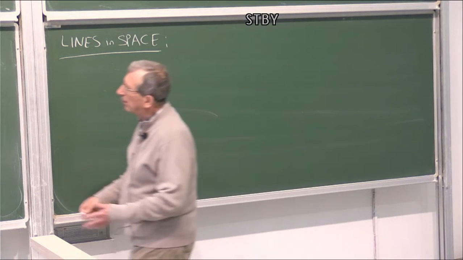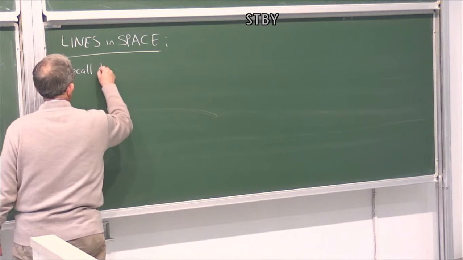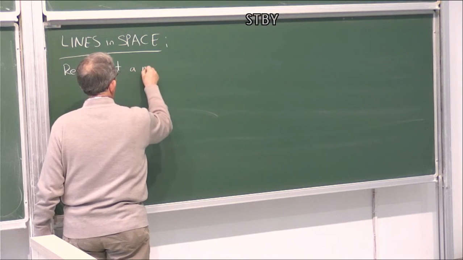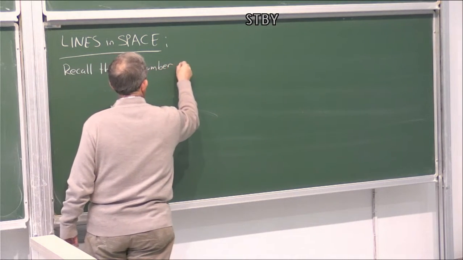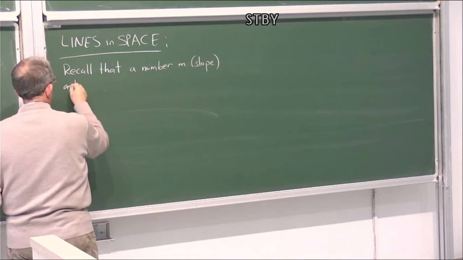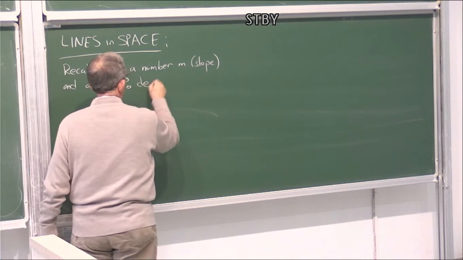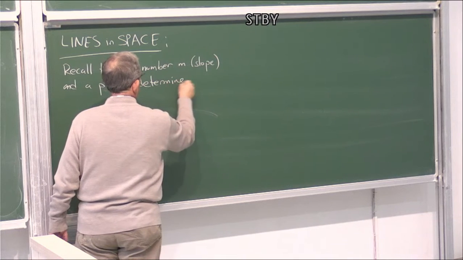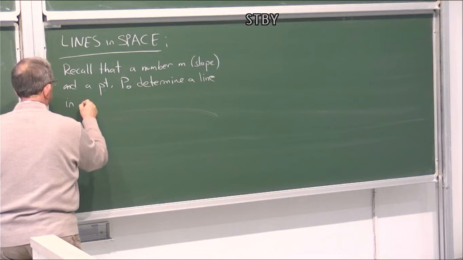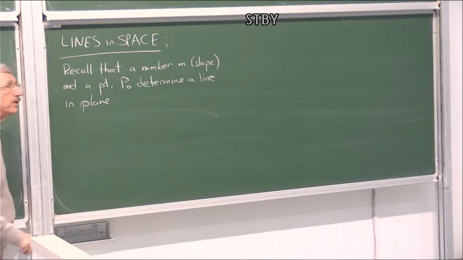Now, of course, we recall that a slope, that is a number m, and a point, say P0, determine a line in the Cartesian plane as we know it.